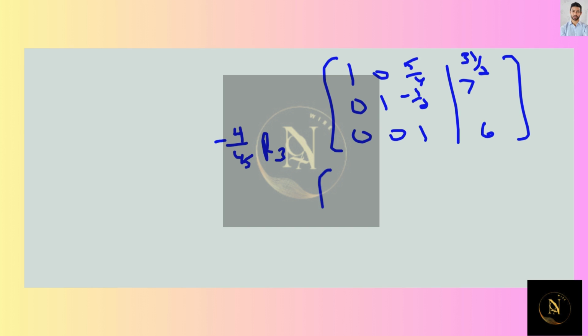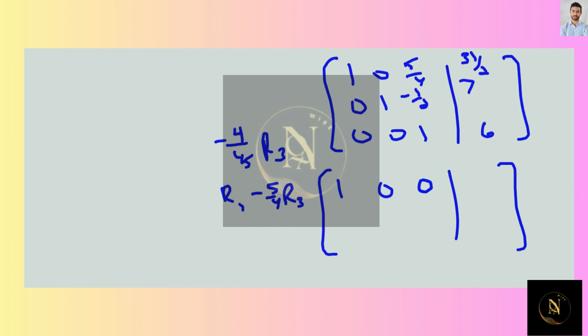So let's go with row 1. We can get a 0 if we take row 1 and subtract 5/4 of row 3. So you would get 1, 0, 5/4 minus 5/4, which is 0.